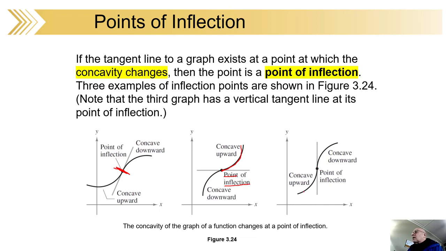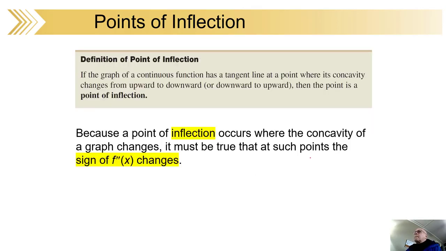Another one, upward, downward. Point of inflection is where that changes. And just a note there, it's where the concavity changes. Nothing else, don't get it confused with anything else. The point of inflection is where the concavity changes from upward to downward or vice versa.